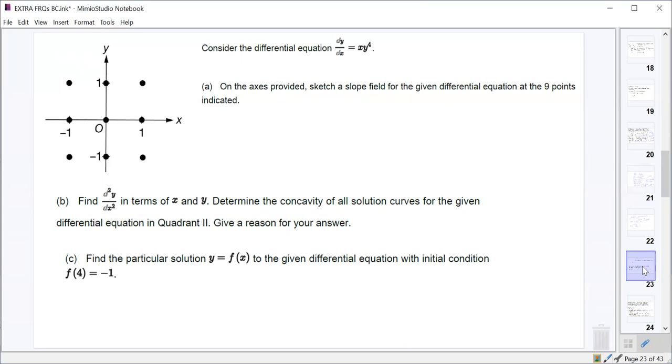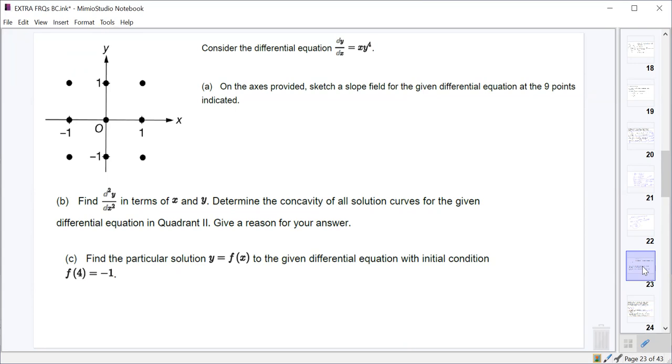All right, so our slope field here. First thing is to sketch your slope field. And I'll just mention again that if your slope field is not perfect, it's not that big of a deal. So don't be too stressed out if your slope field doesn't, in your opinion, look perfect. It just needs to be pretty good. Make sure that you find the values where it's equal to 0 and make sure that those ones are definitely 0.